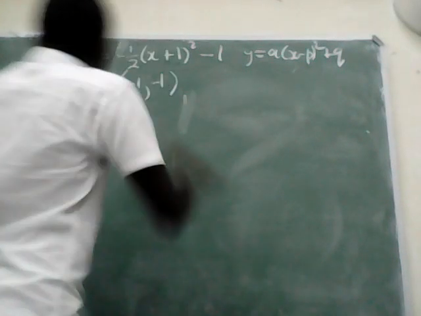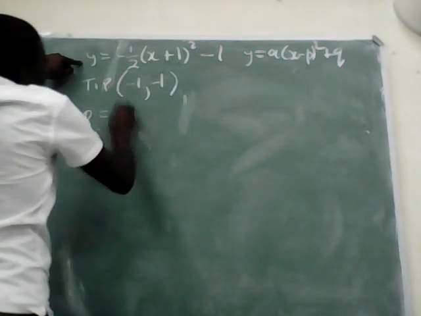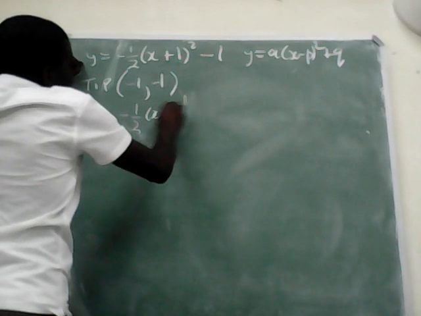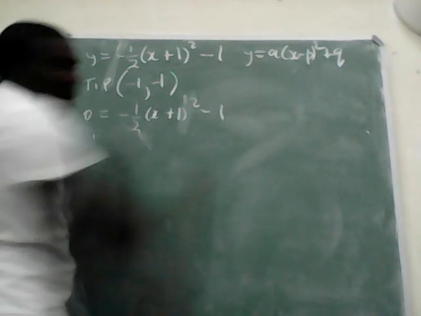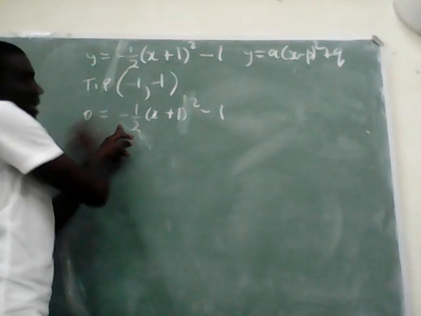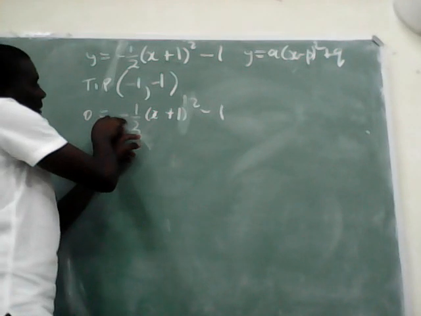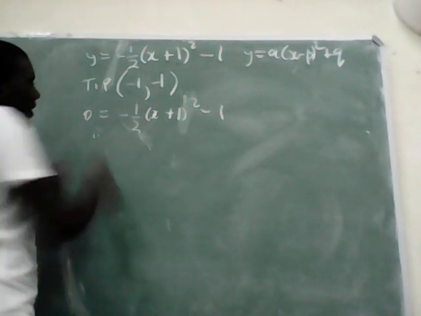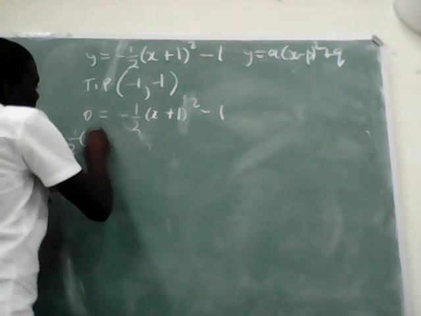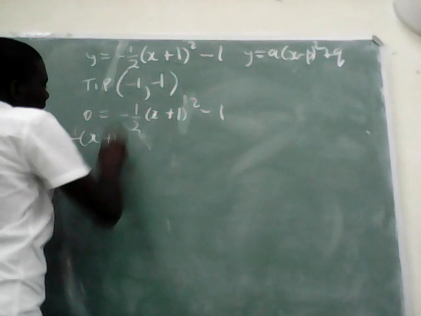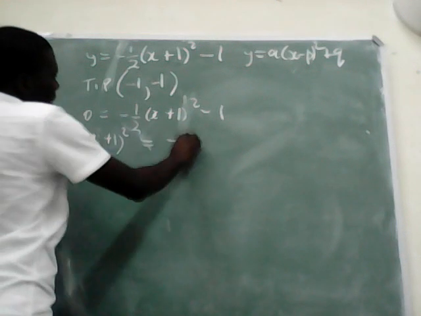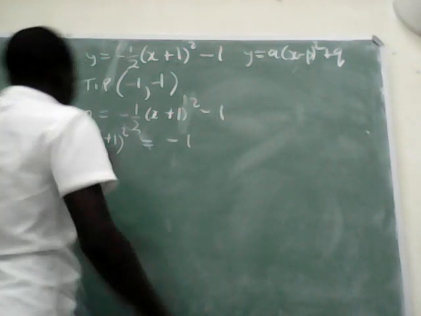So 0 equals minus half (x plus 1) squared minus 1. Then transpose this to the side and it becomes positive. Negative half would be positive half. Half (x plus 1) all squared is equal to minus 1.